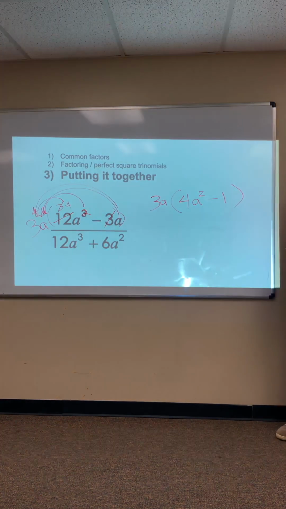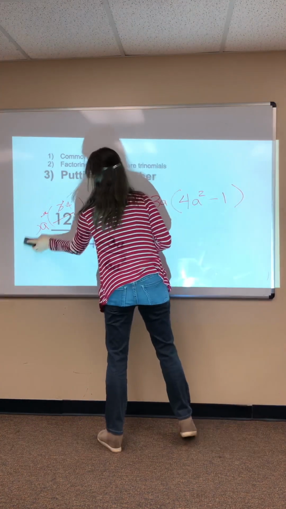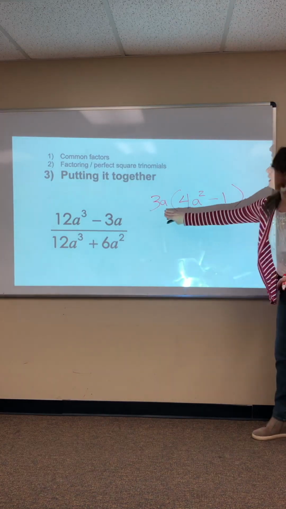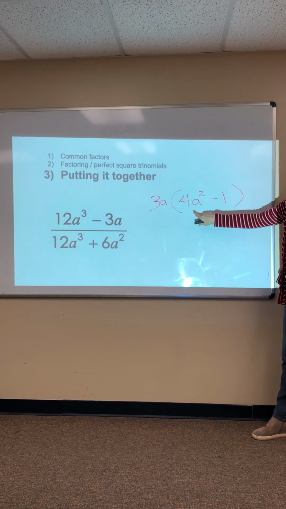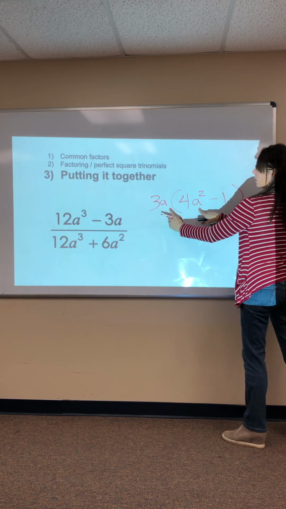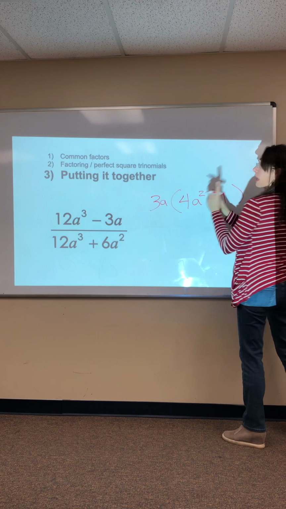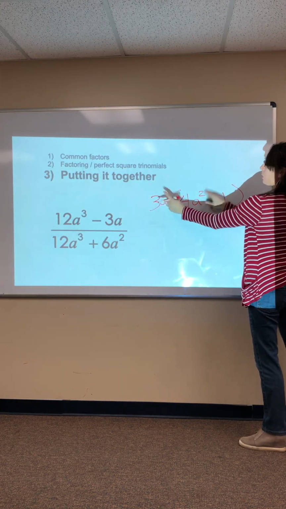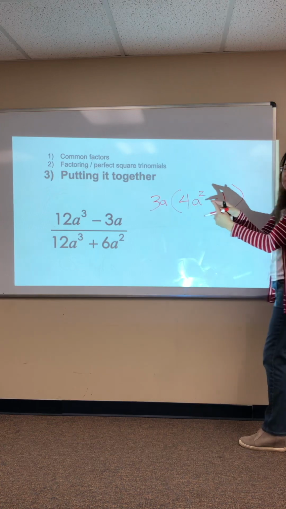Okay, so now we're going to double check ourselves. Whenever we're unsure, we can always distribute back. 3A times 4A squared gives us 12A cubed. Exponent rule: when bases are the same, we do what to the exponents? We add them. So 1 plus 2, perfect.